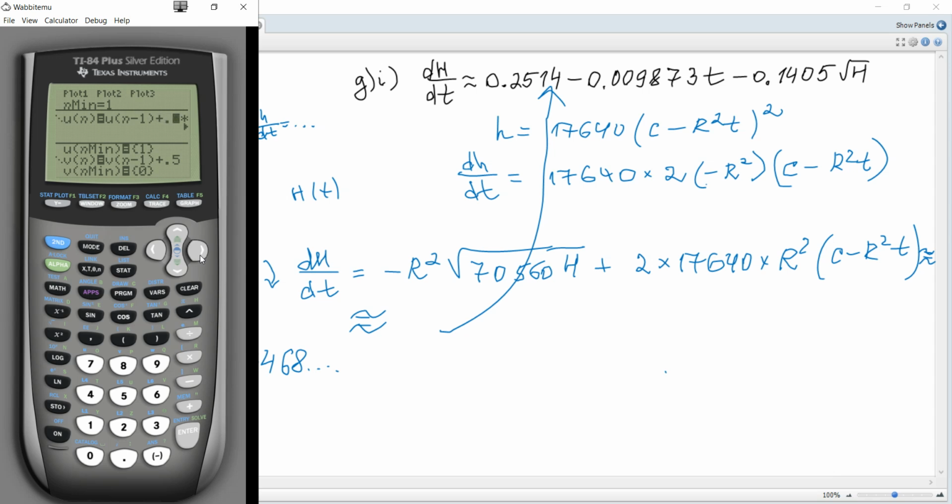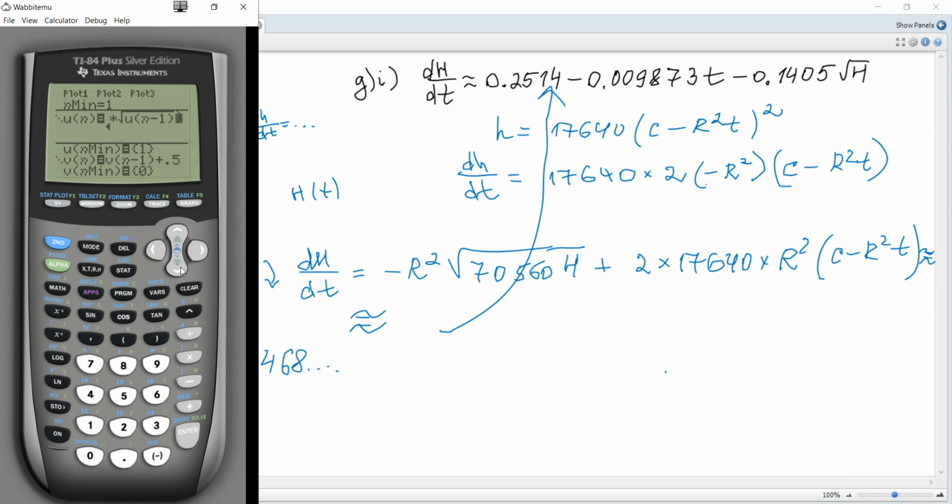It is given that the step length is 0.5 minutes, so plus 0.5 times the derivative of h, dh over dt, the above formula, 0.25 minus, and let t be v, and notice that v also must be v of n minus 1, and minus 0.14 root of u of n minus 1.